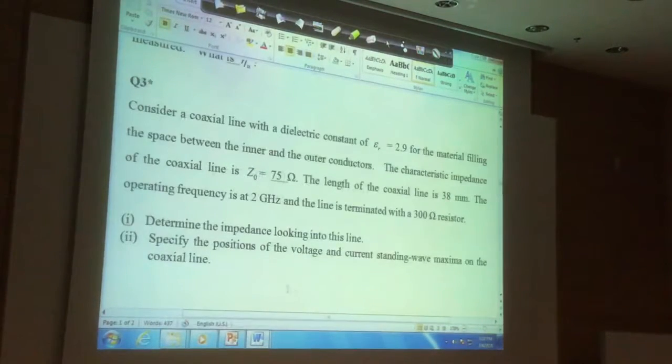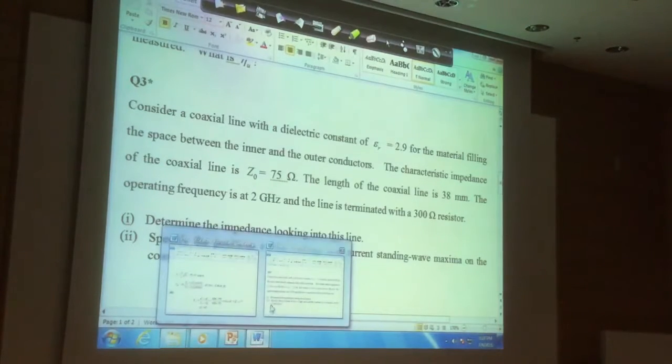Then what is the second question? Specify the position of the voltage and the current standing wave maximum on the coaxial line. Now determine the voltage and the current maximum on the coaxial line.